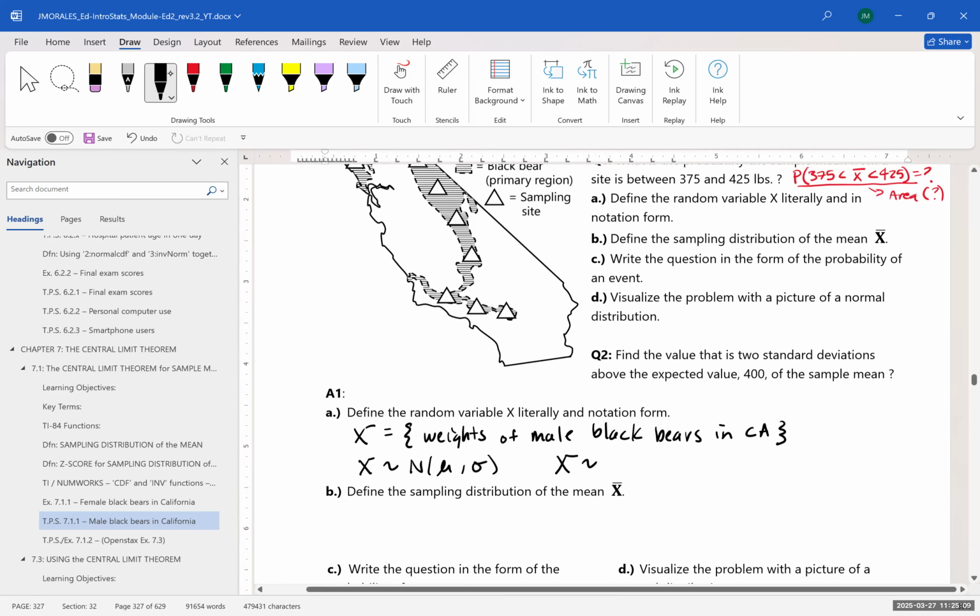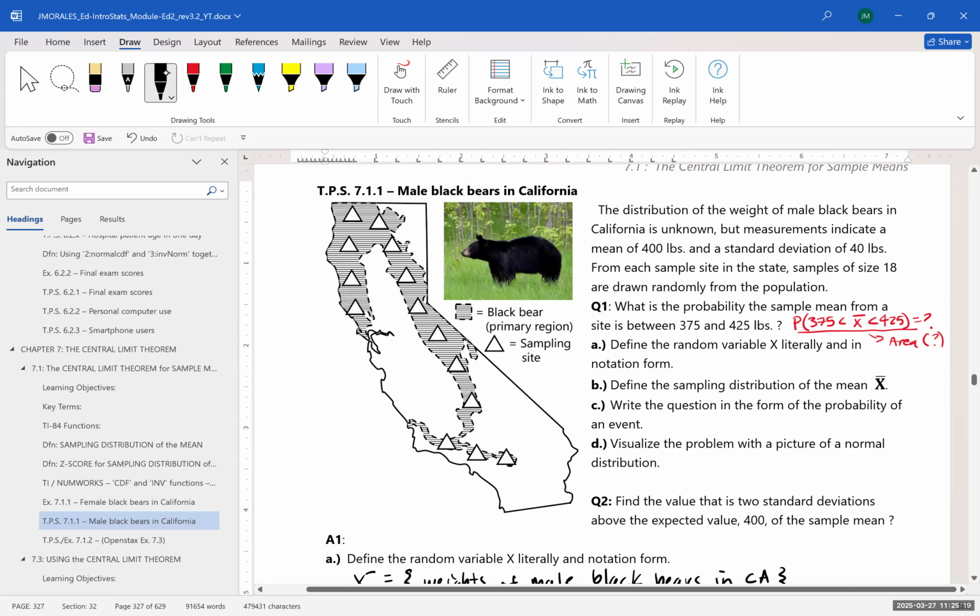And so notation form for this random variable, we would put an N if it's normally distributed. We put a U if it's a uniform distribution. But in this particular problem, we're told that the weights of male black bears has a distribution that is unknown.